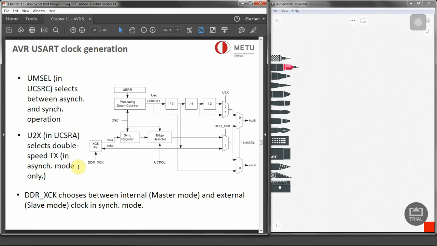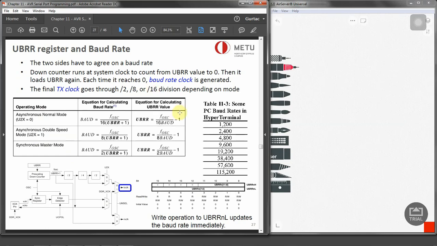Now, UBRR is the first register that we need to consider for AVR to calculate the baud rates. Inside of the UBRR, we need to find out how the baud rate needs to be calculated. And both the receiver and the transmitter side have to agree with the baud rate. Now, the baud rate generator is actually using a down counter which runs at the system clock to count from the UBRR value to 0.